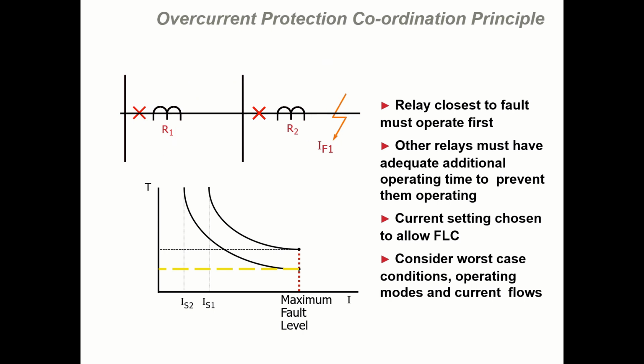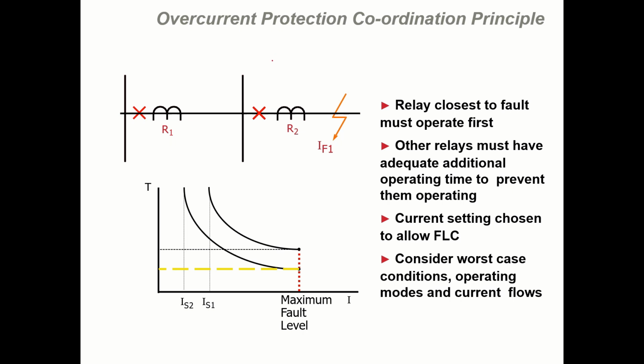Now the question arises, how much slower will R1 be? Coordinating an upstream relay with a downstream relay is a bit easier compared to coordinating an upstream relay with a downstream fuse. So we will first discuss the coordination of the relays, that is R1 and R2.